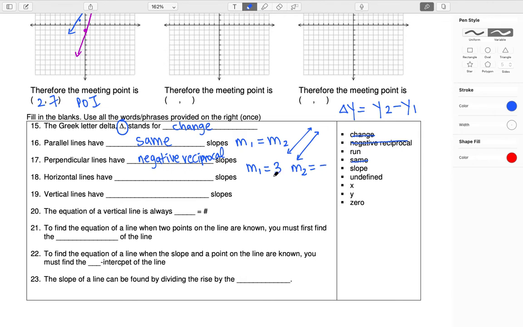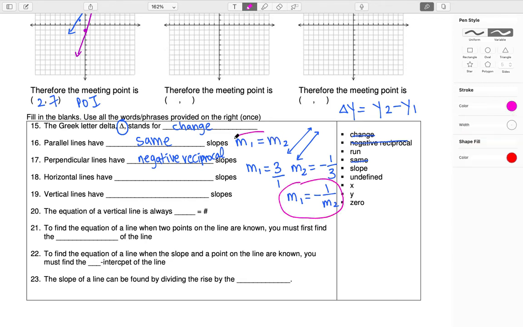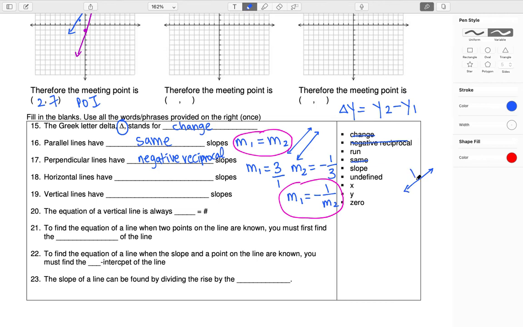If I flip 3 over 1, it's going to be 1 over 3. Another way to represent it is m1 is equal to negative 1 over m2. So that is for perpendicular, and the other is for parallel. And you will notice that perpendicular lines meet at one point and make a 90-degree angle.